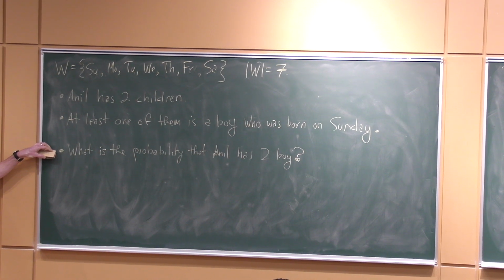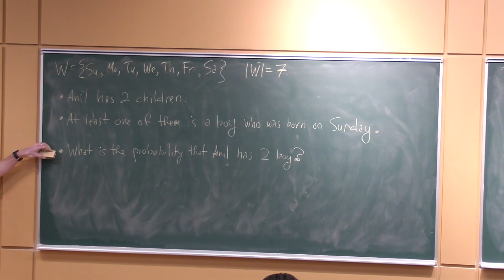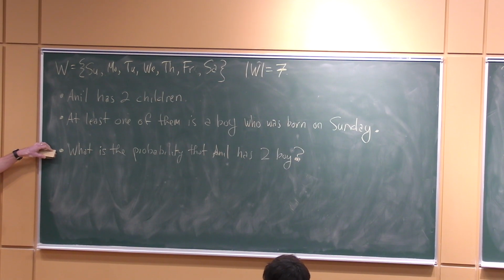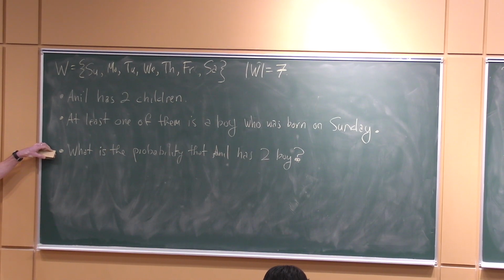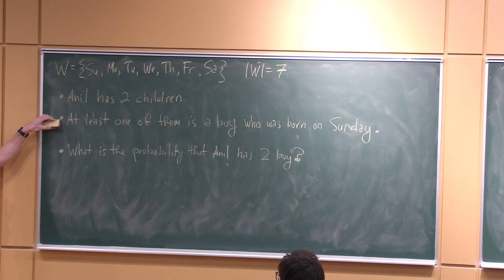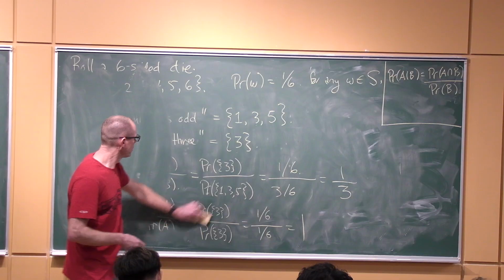Yep, 1 out of 3, same as before. That would be my guess. What's the correlation between the weekdays and the boys? No obvious one that I can tell. This extra information doesn't seem to tell me anything new, does it?